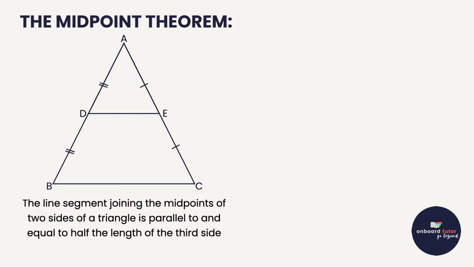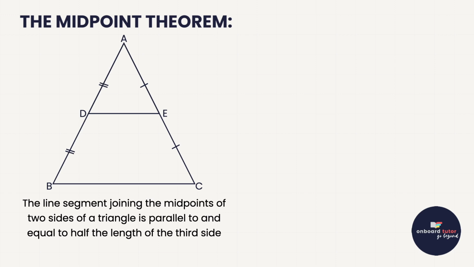Then let's quickly revisit a friend or a derivation of the proportionality theorem, which is here the midpoint theorem. And that says the line segment joining the midpoints of 2 sides of a triangle is parallel to and equal to half the length of the third side.